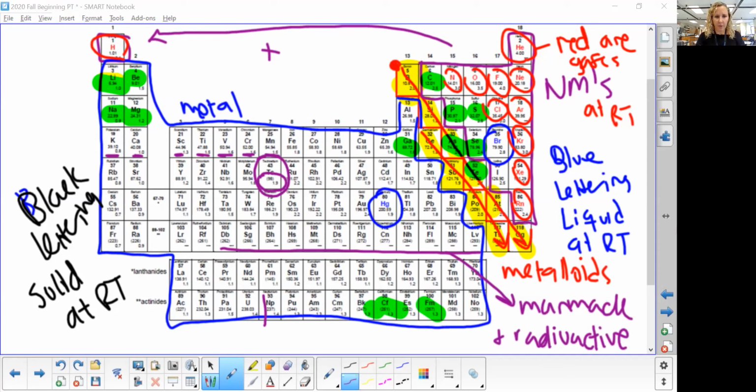And I want to see if I can pull up another periodic table that has the marks a little bit better. Let's see here. So you can see a difference.